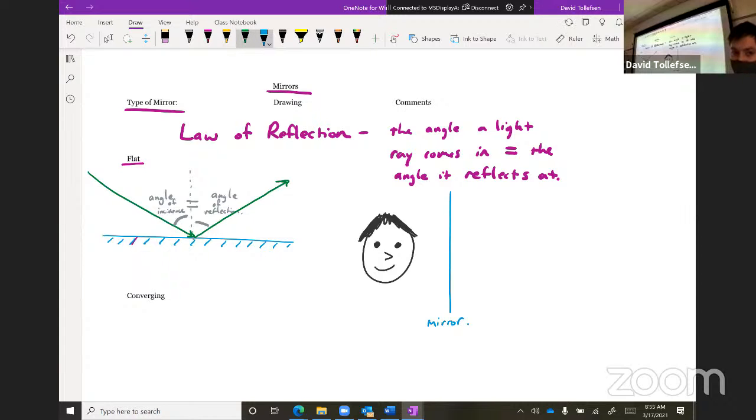All the light that's reflected off of your face has to reflect at an equal angle to your eyes. And the light from the top of your head reflects off to your eyes.